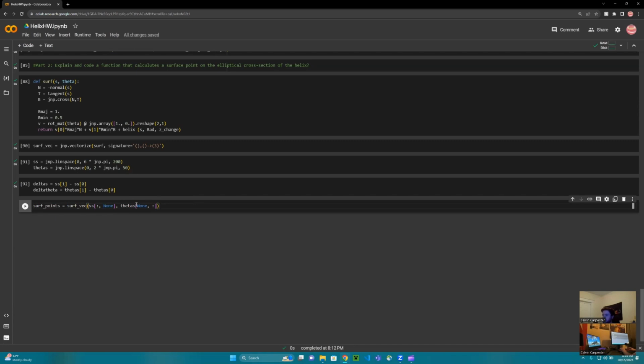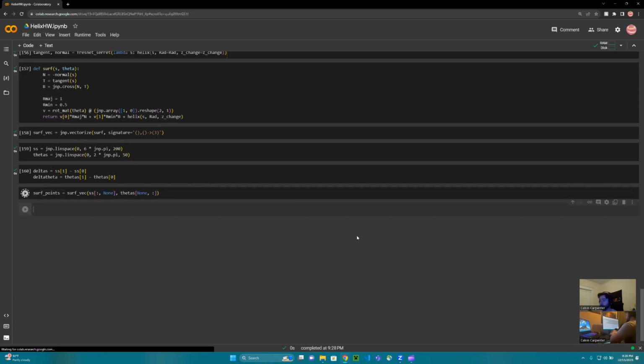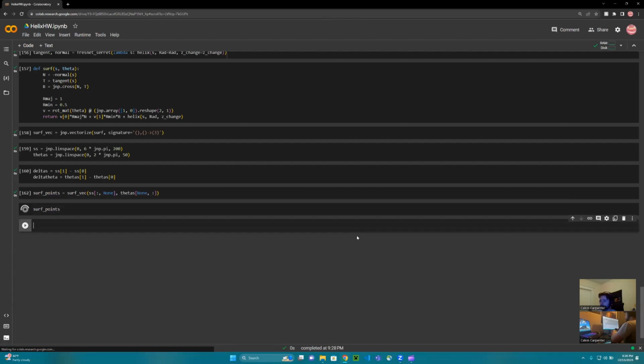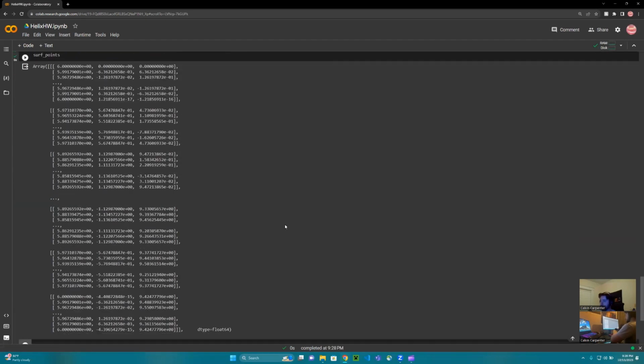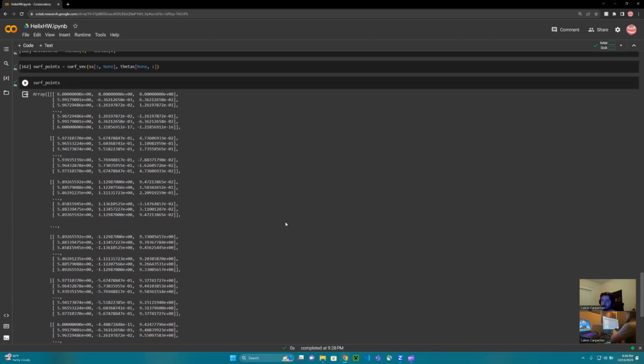This should put our SS points and thetas points inside of one. Now we can return surf points. So now we have all of our points on our surface here.